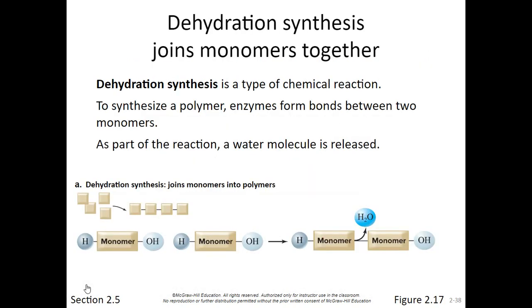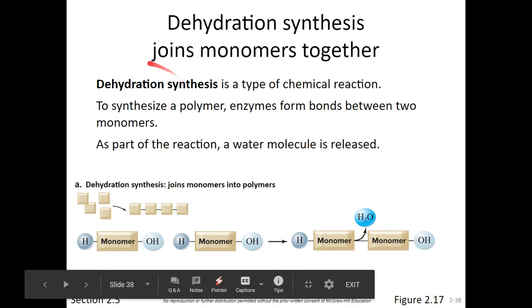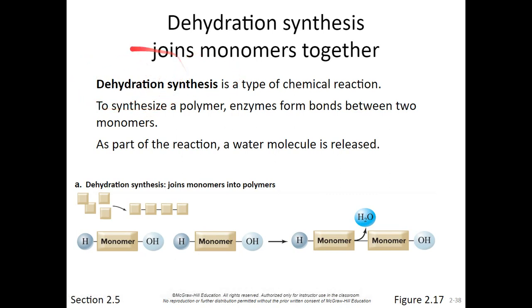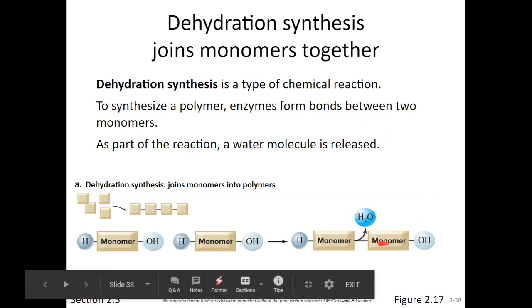There are different reactions which take place to join monomers. One type is known as dehydration synthesis. Dehydration means losing water, synthesis means formation. To make a polymer, in the presence of enzymes, water is released and monomers are combined.